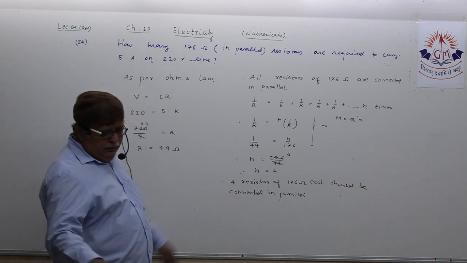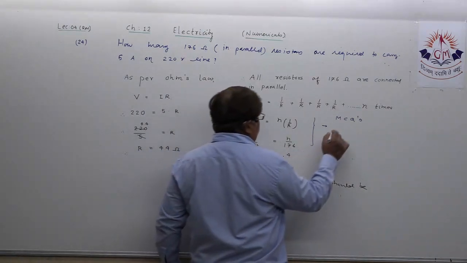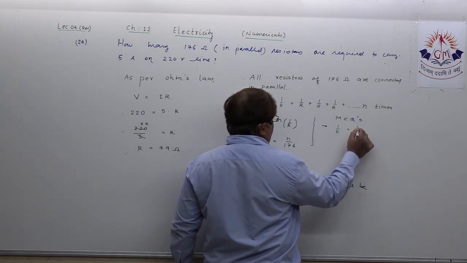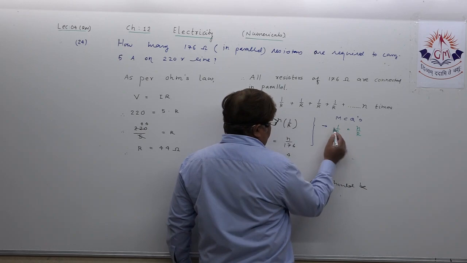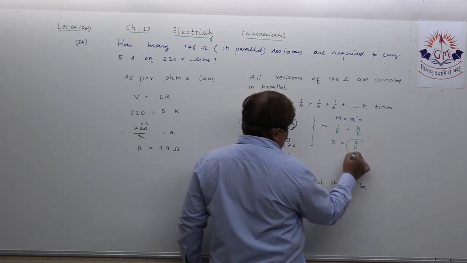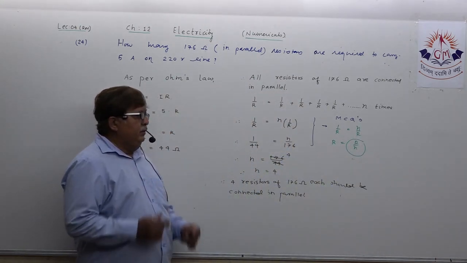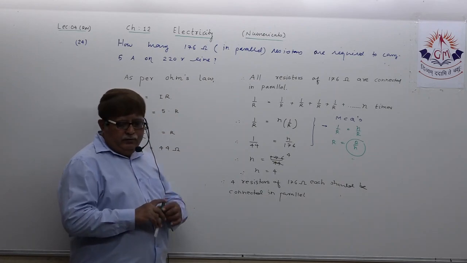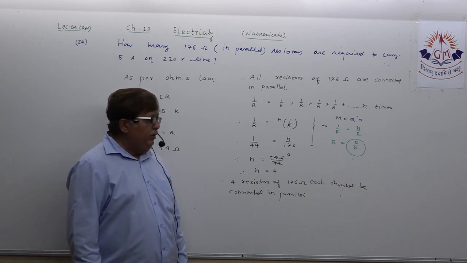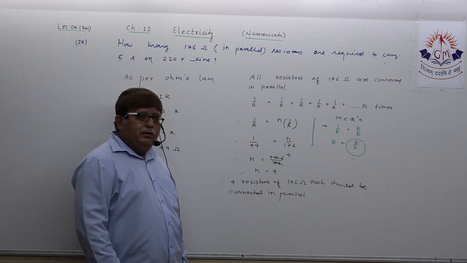Dear student, here what we got: 1 upon R equals n times 1 upon R, which means n upon R. Just take the inverse of this. So R upon n, this is your formula. Understood? Equivalent resistance when n resistors of R are connected in parallel will be R upon n.